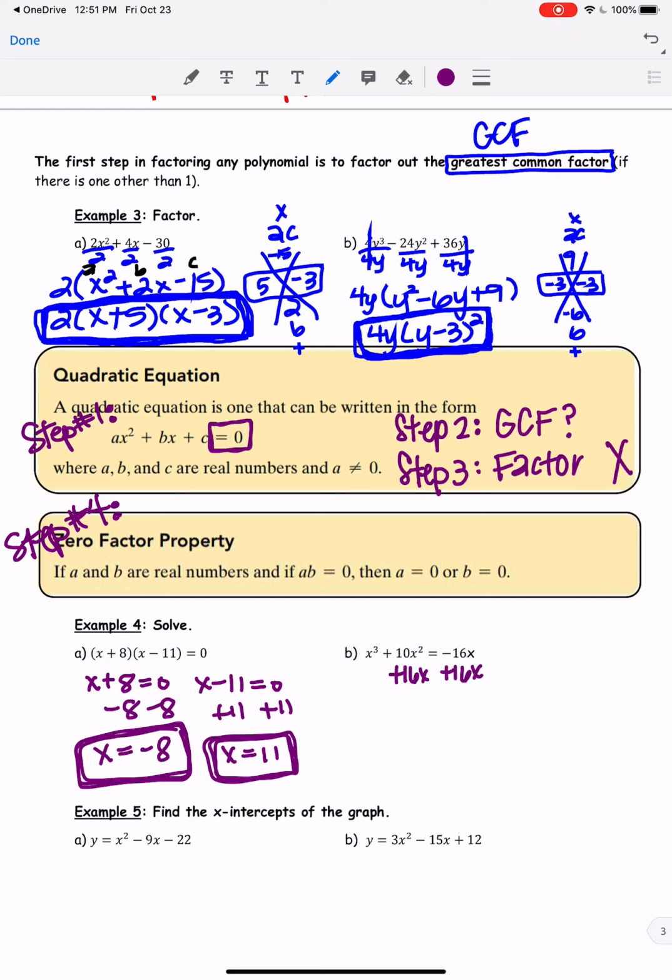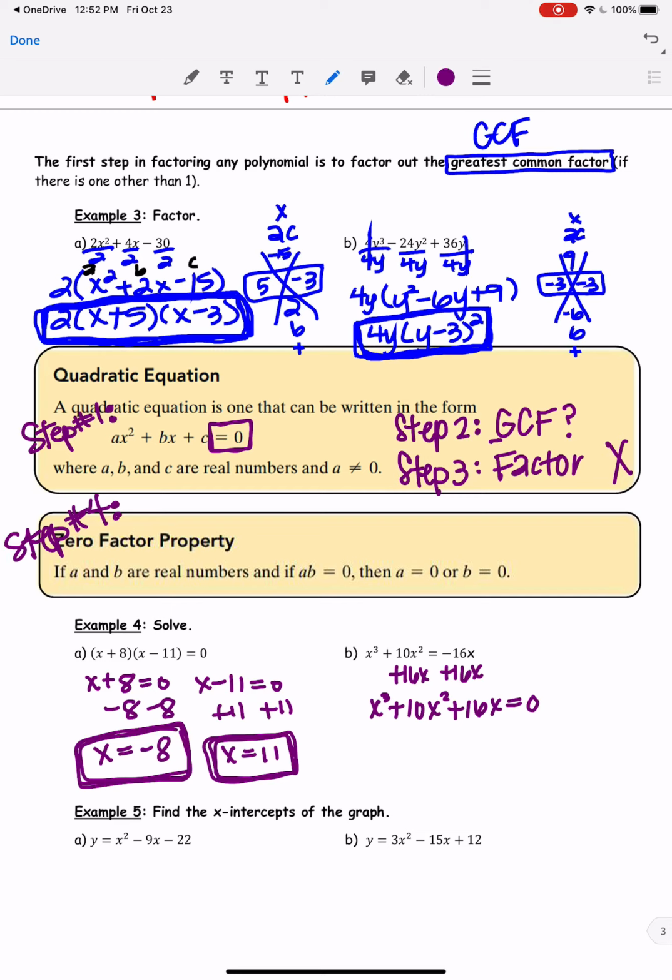Now I can't combine that with anything because we've got an x squared and an x cubed. So this simply becomes x cubed plus 10x squared plus 16x equals 0. Now step 1 is complete.